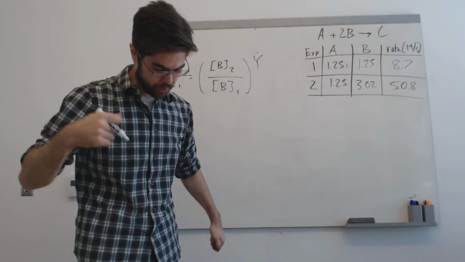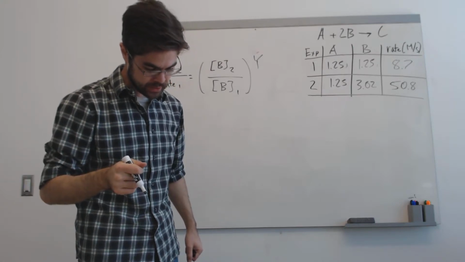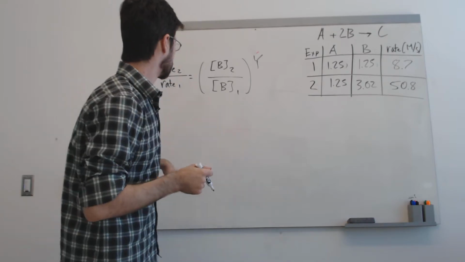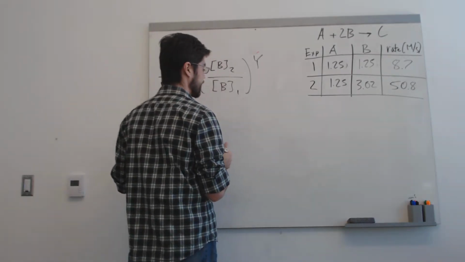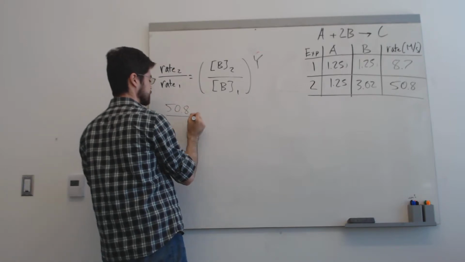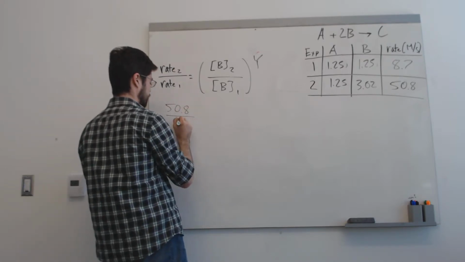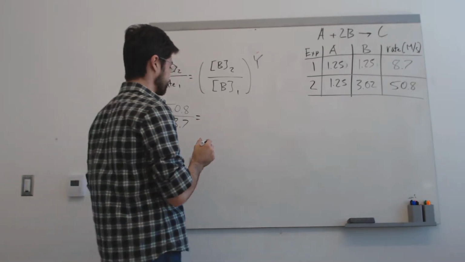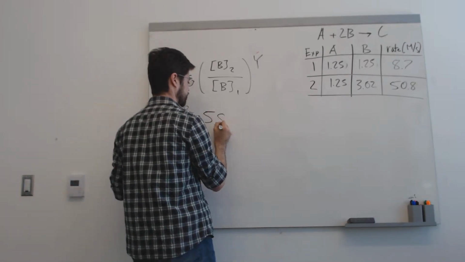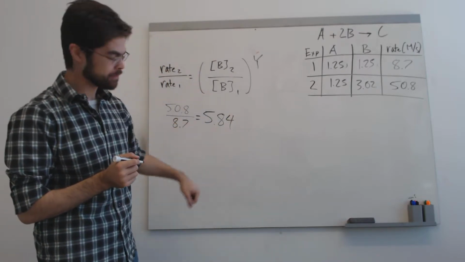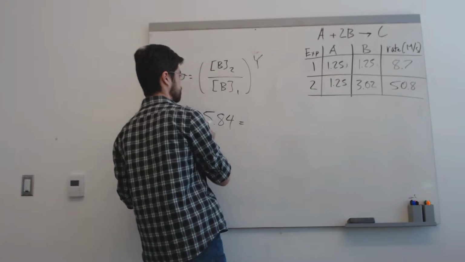So the rate increases by this factor. Rate 2 was 50.8 over 8.7. That ends up being an increase of a factor of 5.84. So definitely not a whole number increase. So that's just the ratio of the rates.